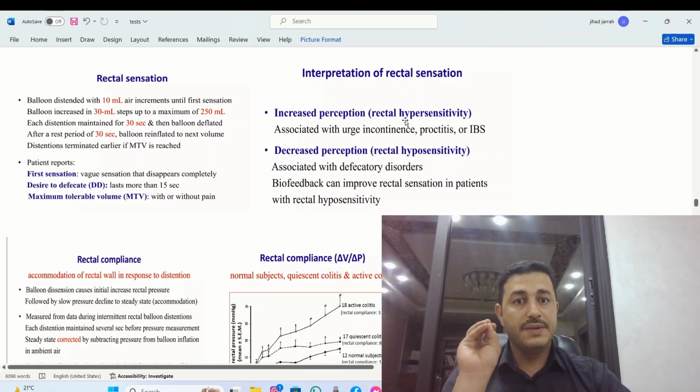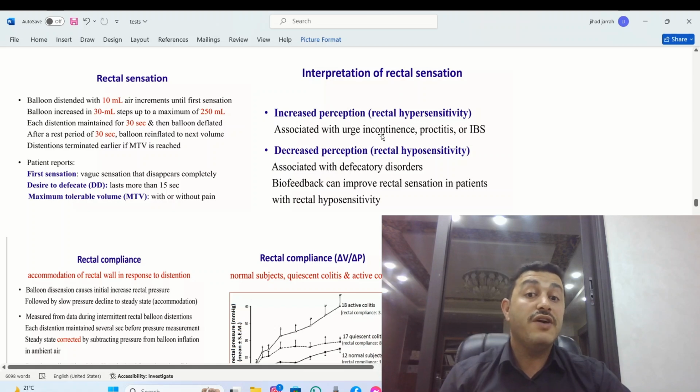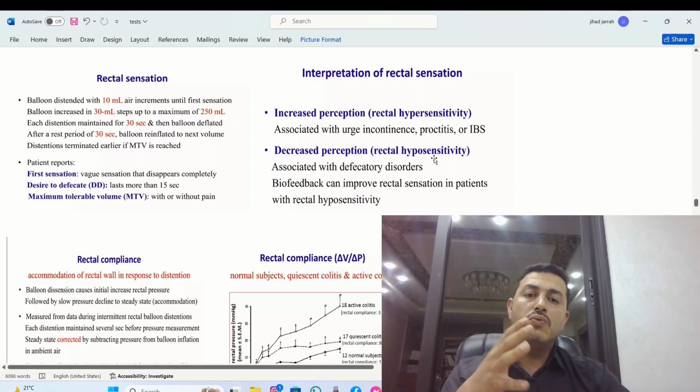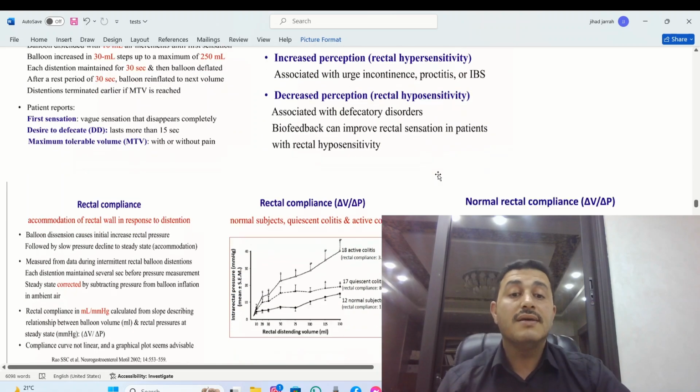If we have rectal hypersensitivity, a little volume with high pressure, that means we have urge incontinence, proctitis, inflammatory bowel disease. While if we have rectal hyposensitivity, we are increasing the volume with no change in the pressure, so this patient may have a defecatory disorder in the form of constipation, megacolon, etc.